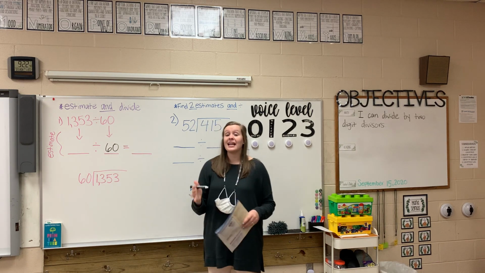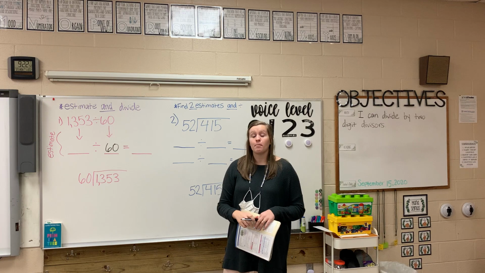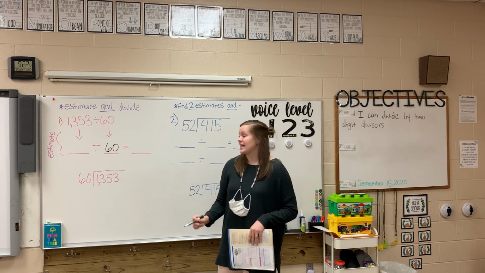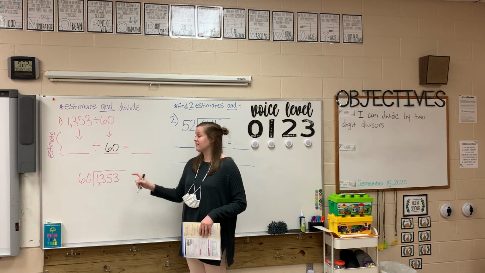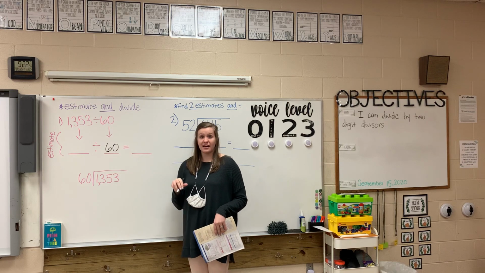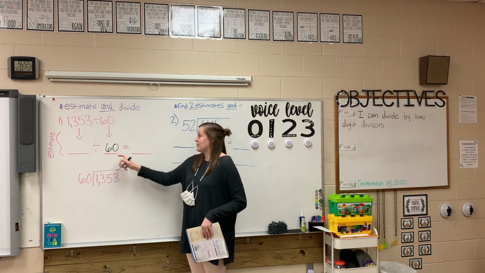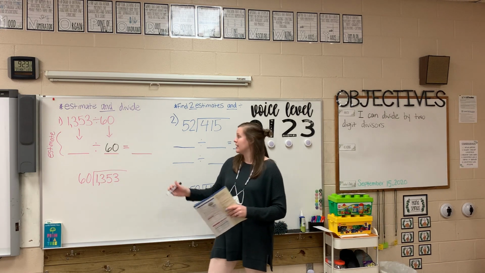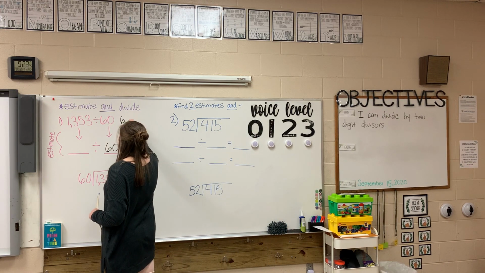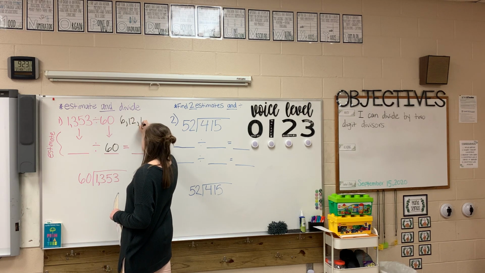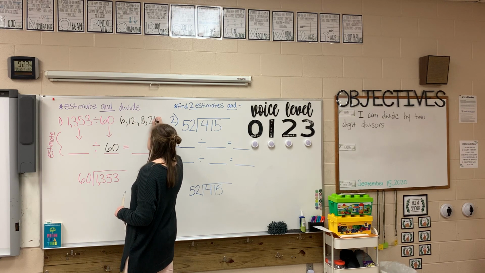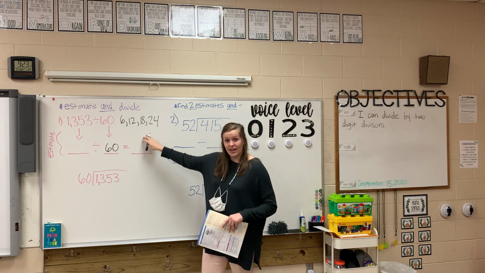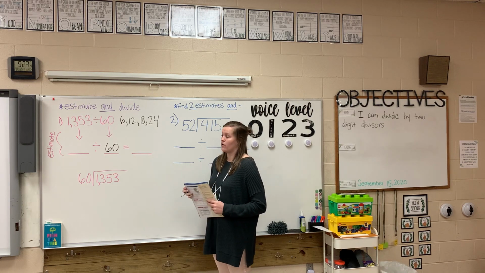Now, instead of thinking about the multiples of 60, do you remember when we talked about basic facts and we just looked at the first digit of that number? So that's what we're going to do. Let's think of the multiples of 6. We have 6, 12, 18, 24, and I could go on, but this is as many as I need for right now, okay?